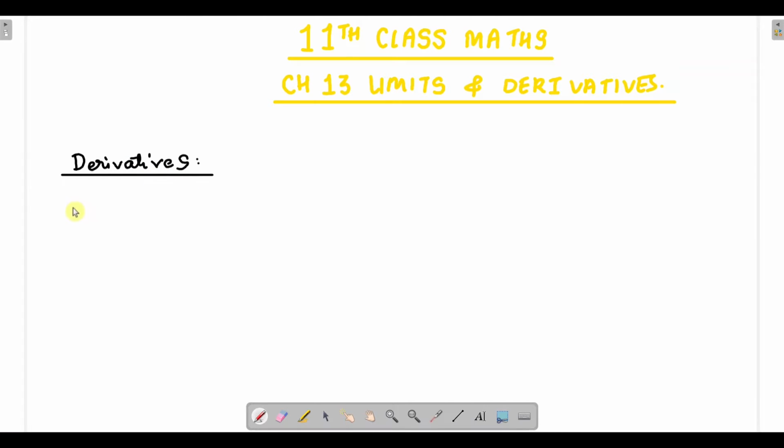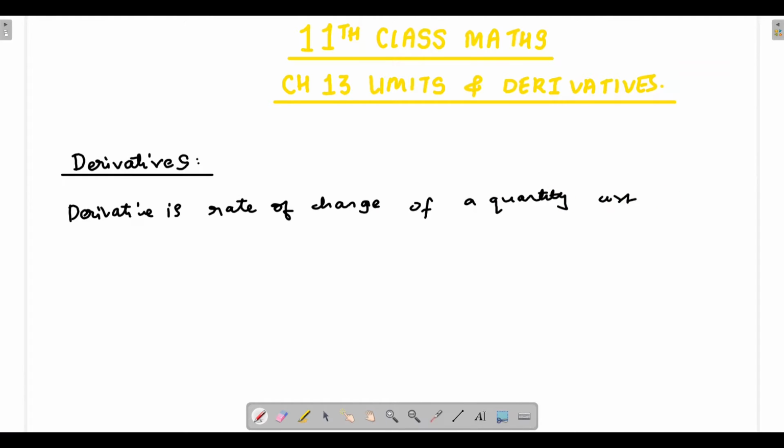So what do you mean by derivative? So derivative is the rate of change of a quantity with respect to another quantity.